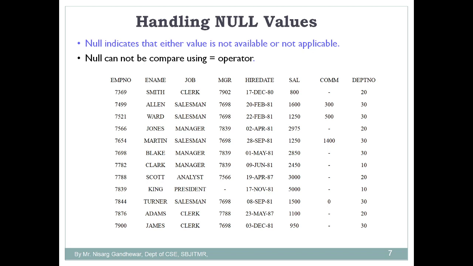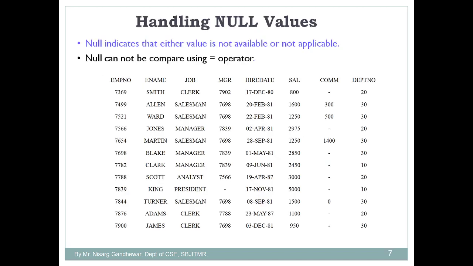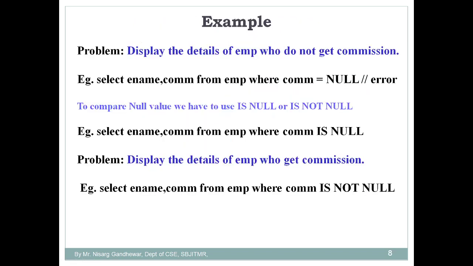To understand the handling of null, we are going to discuss two important clauses. One is IS NULL and the second one is IS NOT NULL. The very first, very simple problem that we consider is: display the details of employees who do not get commission.